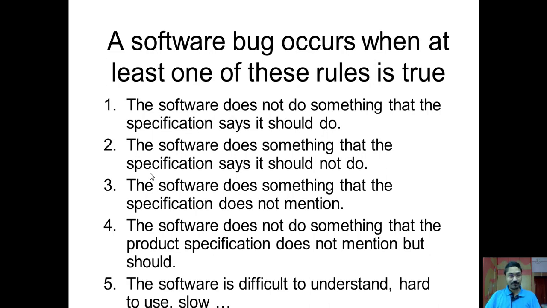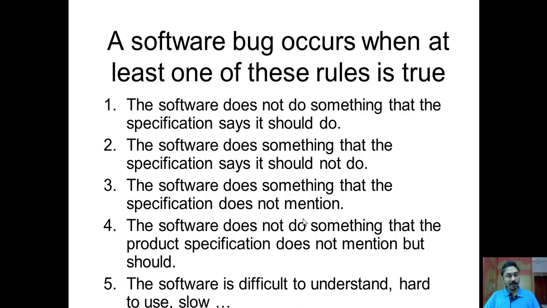The third rule: software does something that the specification does not mention. In this case, the specification doesn't mention whether this particular thing should be done or not, but the software does that thing. That is also called a bug.